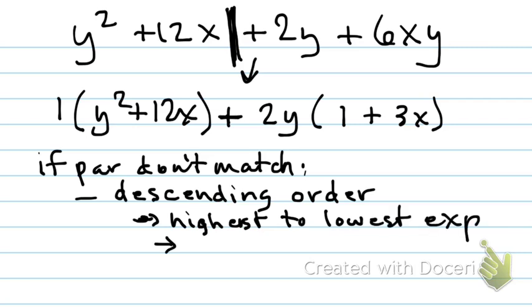And if you have more than one letter, you have to think about the alphabet. Think alphabet first. But normally you don't have more than one letter, but in this one we do. So alphabetical order, and then from highest exponent to what? Lowest exponent.